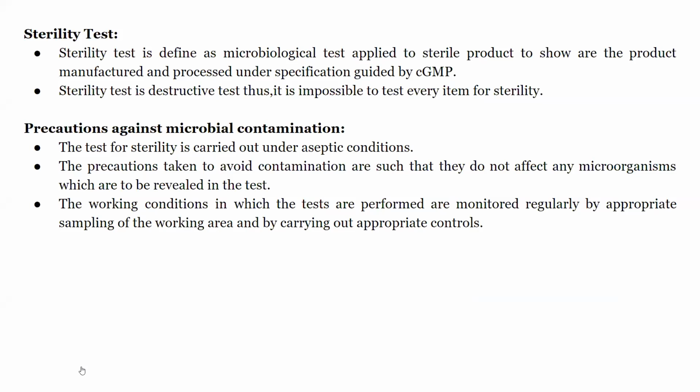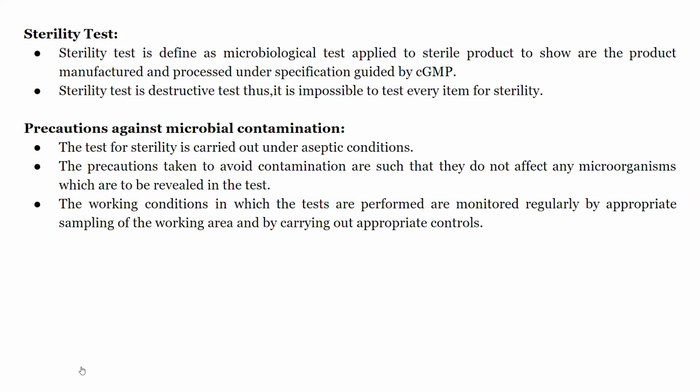And you will also be checking whether that particular sterilization method effectively kills the microorganisms. So to select a sterilization method, or for quality control of the final sterile product, you need to check the sterility of the formulation. So this is what the sterility test is.